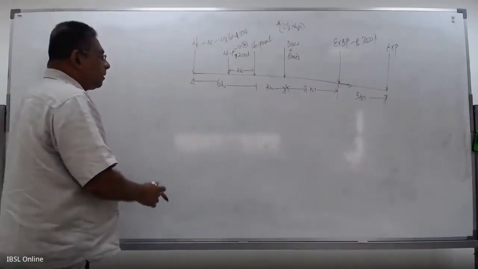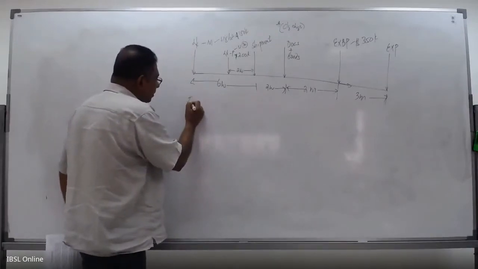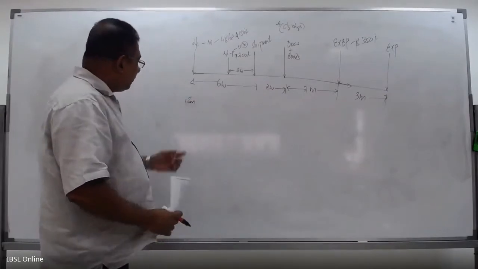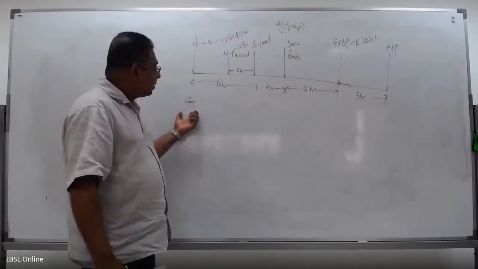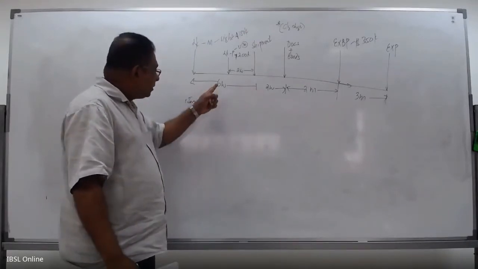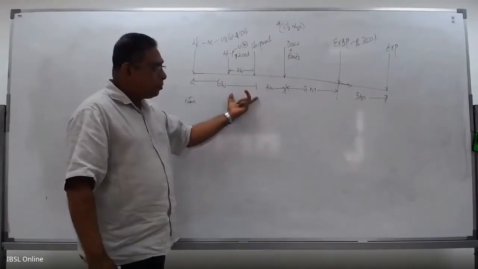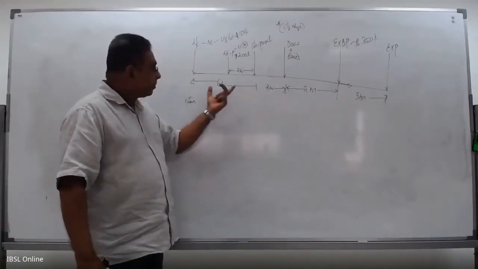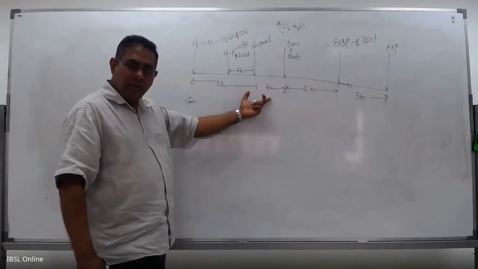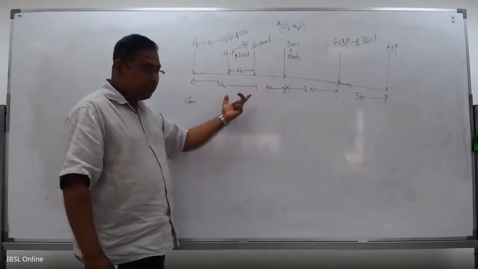Now say, we'll say this is January, 1st January. If this is January, after 6 weeks, we do not know where that is, but this is 6 weeks, this is 2 weeks, that is 8 weeks. So that means a whole 2 months. 6 weeks plus 2 weeks is 8 weeks, that means 2 months.